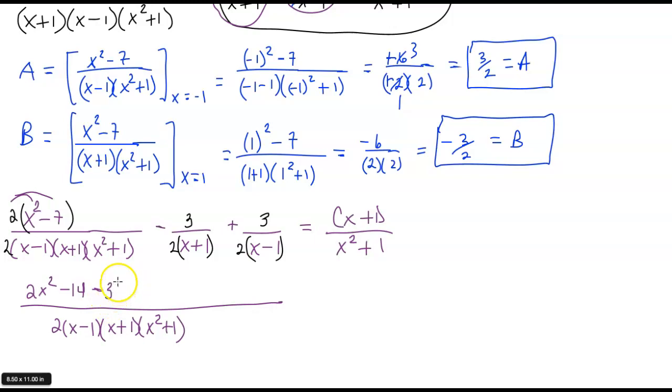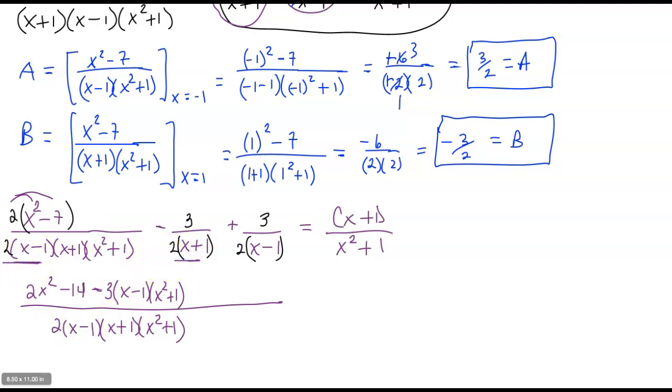So I'm going to multiply the negative 3 here by x minus 1 and x squared plus 1. And of course, I forgot I actually have a 2 down here as well. So I don't have to multiply the numerator and denominator by 2 since I already have the 2 down here. So I basically have these 2 covered.